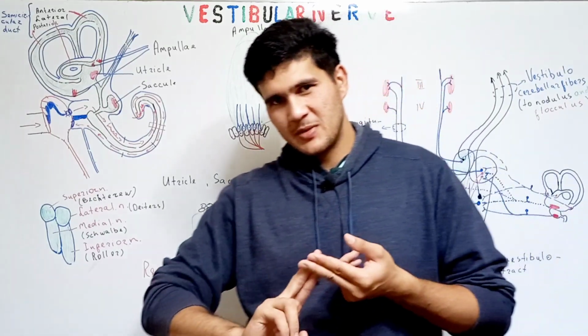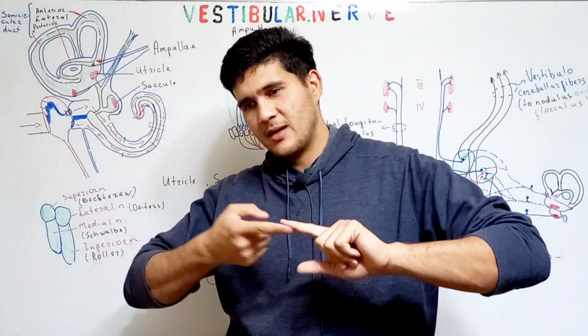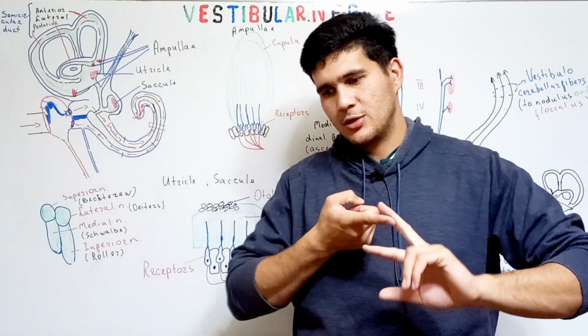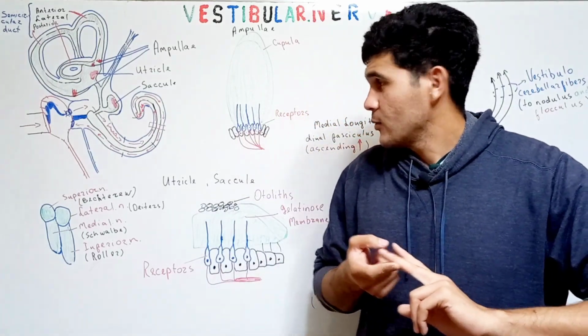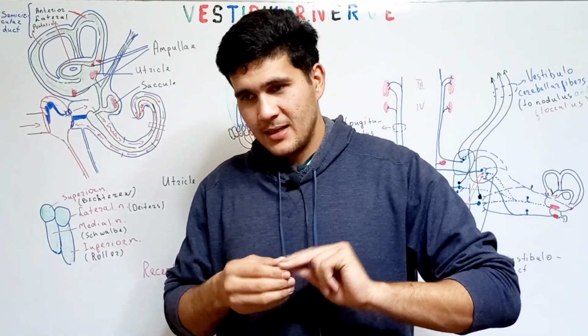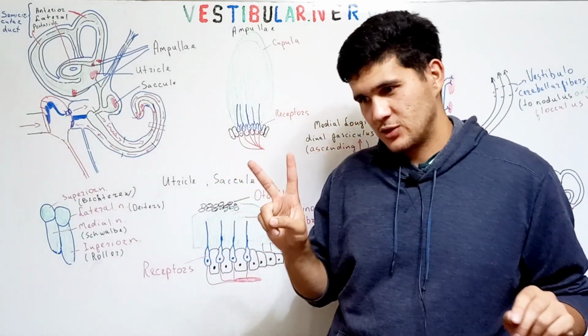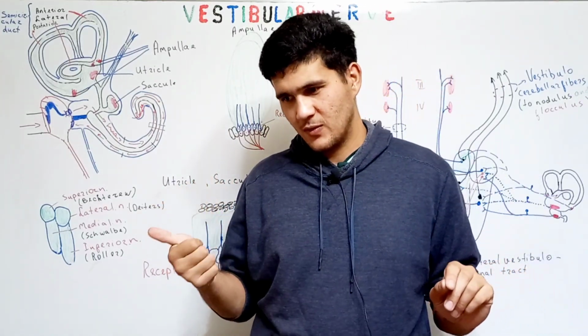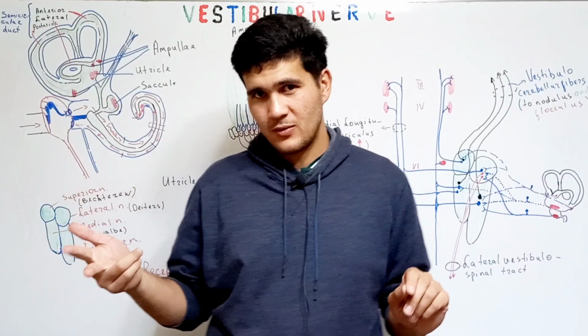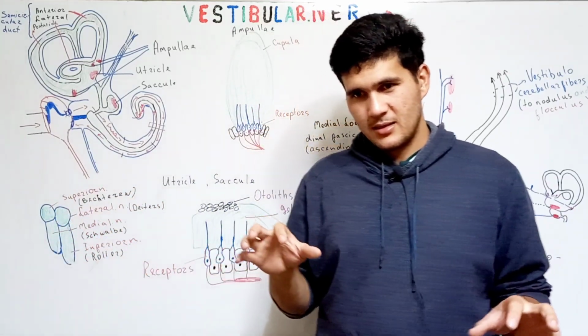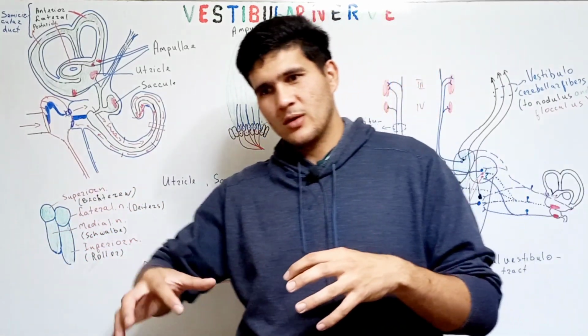Vertigo's pathogenesis looks like motion sickness. There is a mismatch between the proprioceptive, vestibular, and visual impulses. Okay, and I know two types of vertigo. The first one is subjective, and the second one is objective.